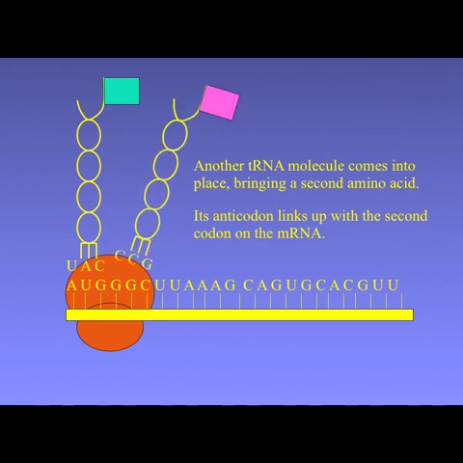And in comes a CCG carrying a different amino acid, because every transfer RNA carries a different amino acid. So basically the DNA code has said, we need the green box first, and then we need the pink box. By using these letters, it ensures the perfect order of this upcoming protein.